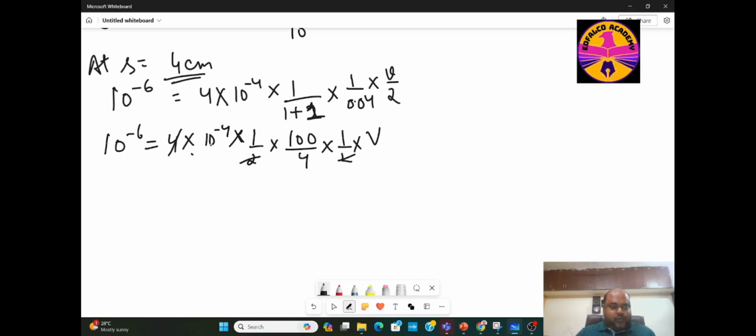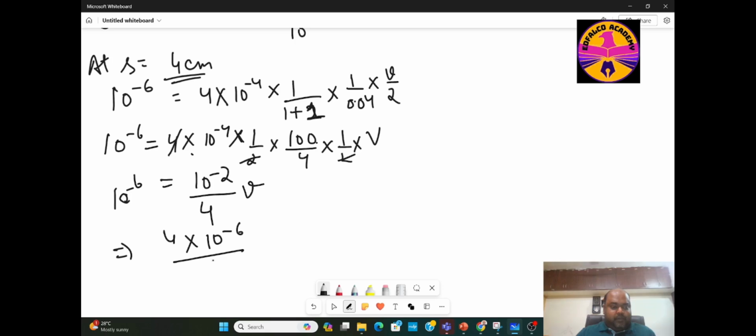And you see 10 to the power minus 4 and 10 into 100, it will become 10 to the power minus 2 by 4 into V is equal to 10 to the power minus 6. So that means 4 into 10 to the power minus 6 by 10 to the power minus 2 must be the value of V. So I think somewhere we have, just check whether we have made any mistake.